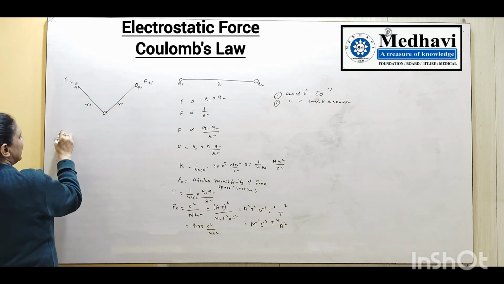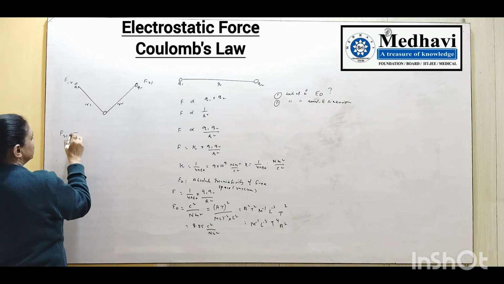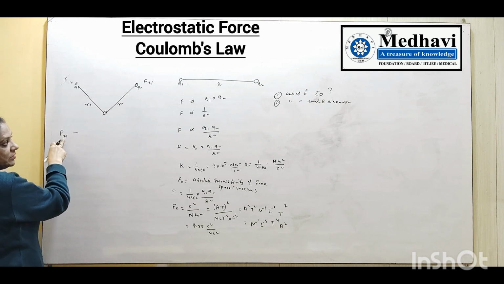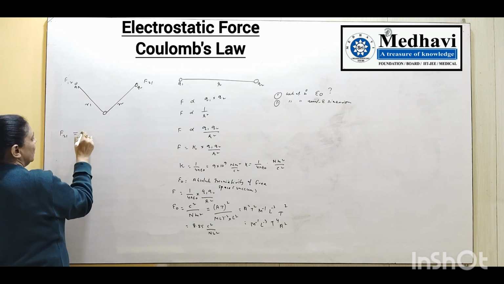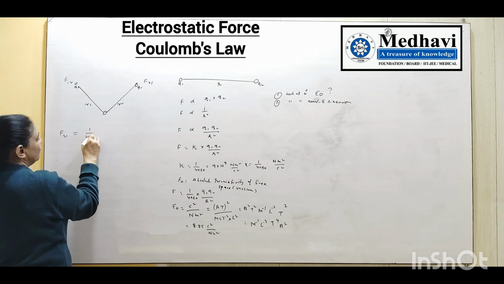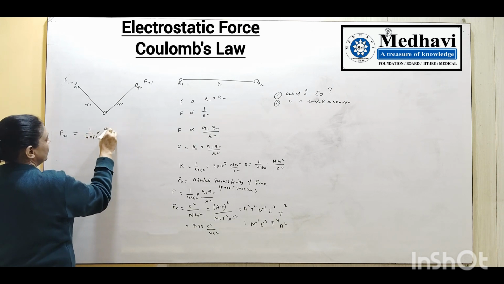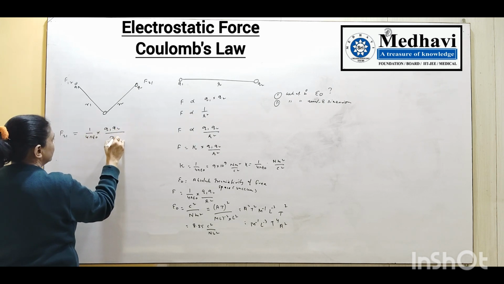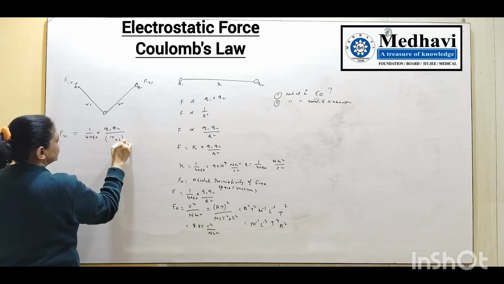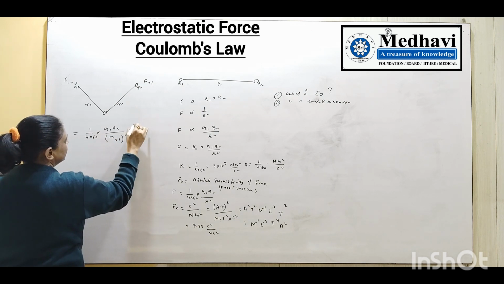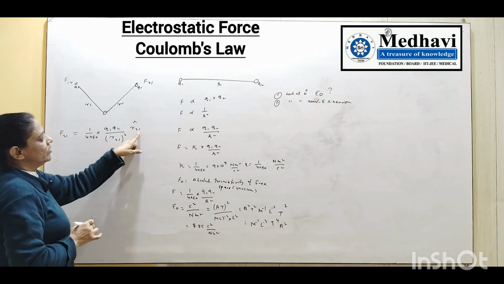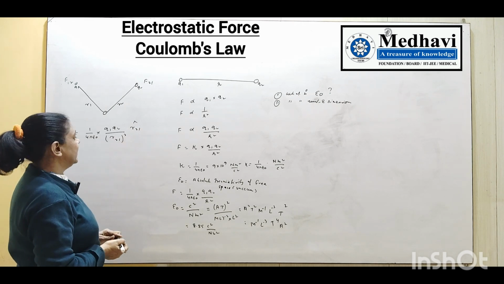So we can write like this, F21, the force experienced on the second charge due to the first charge, is equal to 1 by 4 pi epsilon naught Q1 Q2 by R21 square, R21 cap. This indicates the unit vector, that is, its direction.